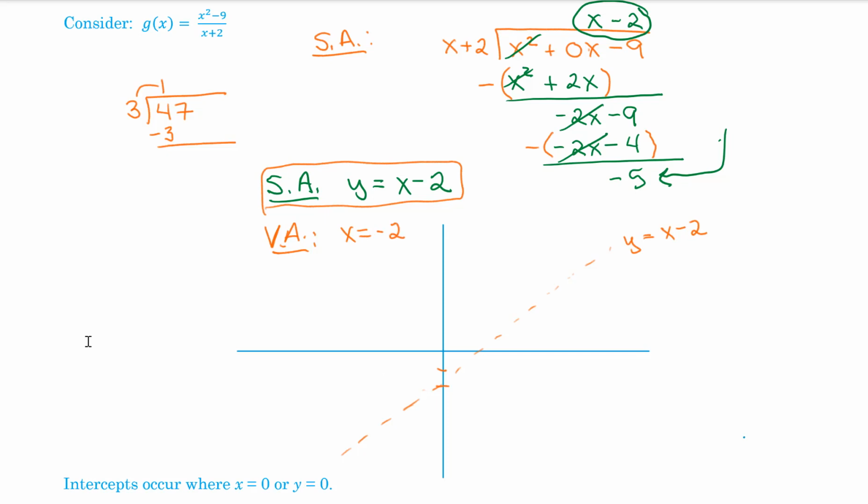So if I come to x equals a negative 2 there, I can plug in and put my vertical asymptote there at x equals negative 2. Notice I have labeled both asymptotes. Now the question is, where's the graph?